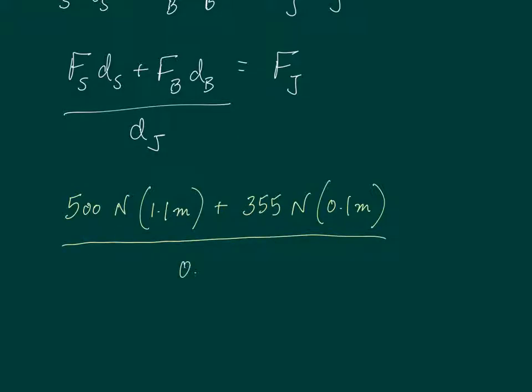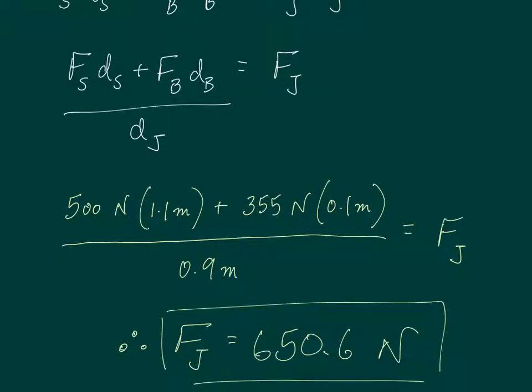And this is all going to be divided by the distance Jimmy's away from the fulcrum, which is 0.9 meters. And that's going to be all equal to force of Jimmy. So if we calculate this out, we get a force of Jimmy, the gravitational force of Jimmy, or his weight, is equal to 650.6 newtons.